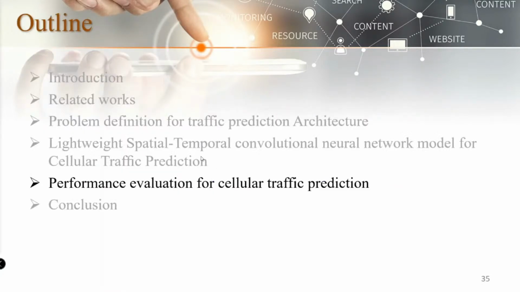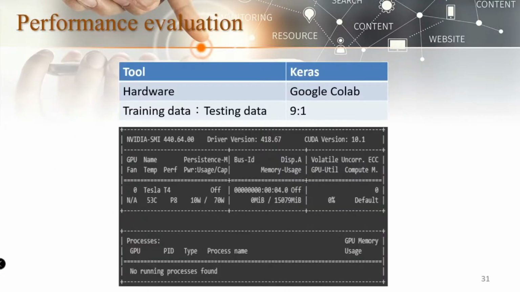And let's talk about the performance evaluation for cellular traffic prediction. We evaluate the proposed lightweight model with Google Colab, the simulation tool. The details are shown in this figure.